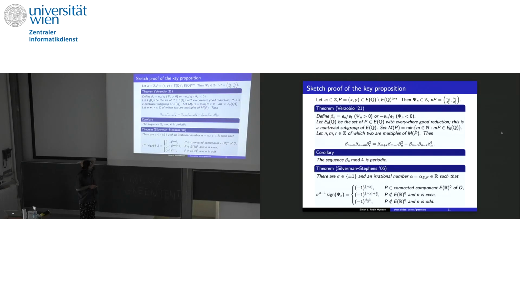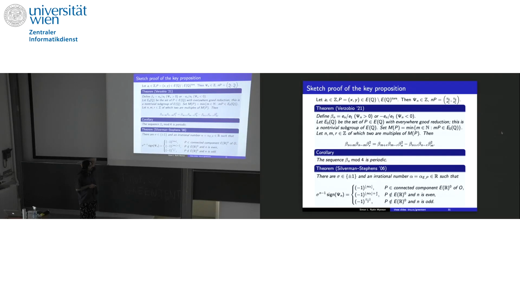And okay, the result is that for some irrational number, which they actually explicitly construct, which depends on E, the curve, and the point, this sign is basically given by the parity of the integer part of n times alpha.